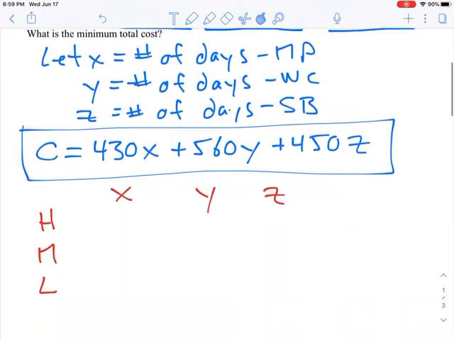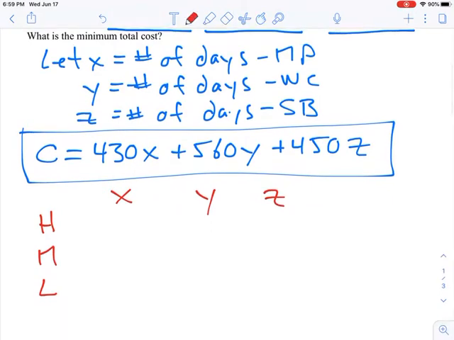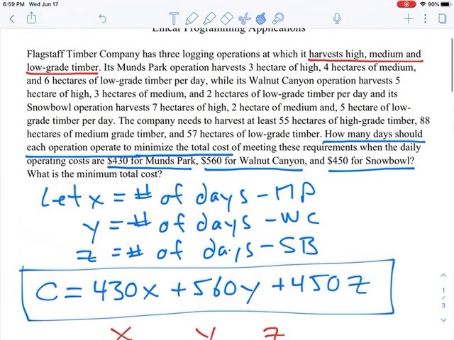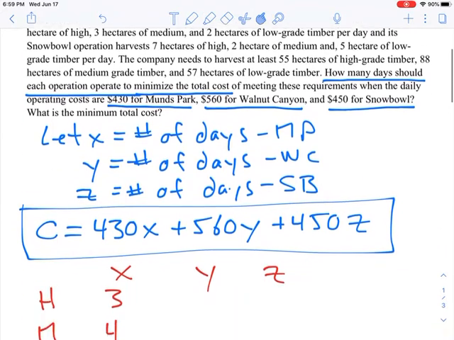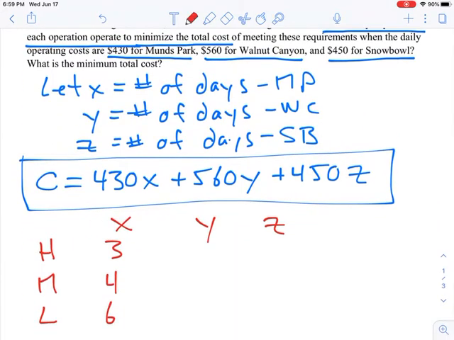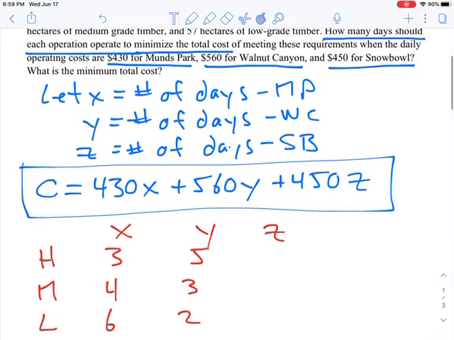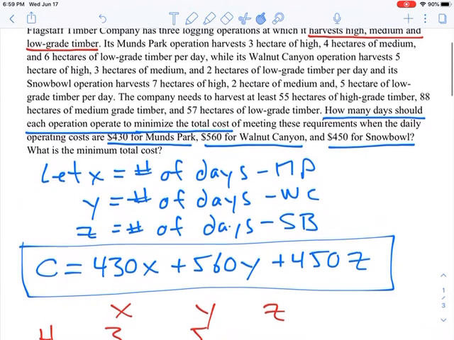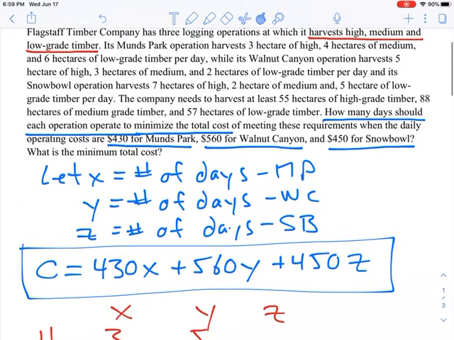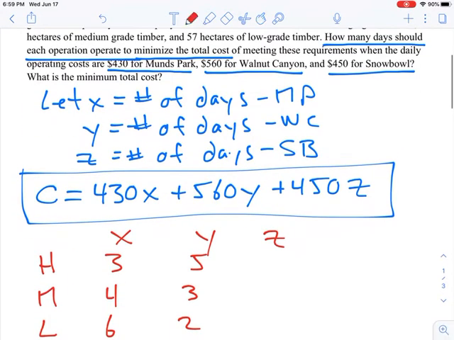So 3, 4, and 6. And Walnut Canyon has 5, 3, and 2. And finally, Snowbowl. And Snowbowl operations 7, 2, and 5.